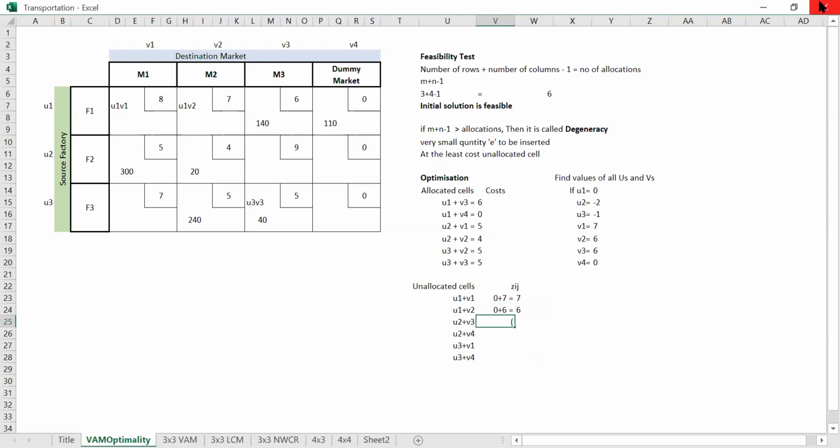So minus 2 plus V3, which is 6, gives 4. Again, minus 2 plus V4, which is 0, so it will be minus 2.